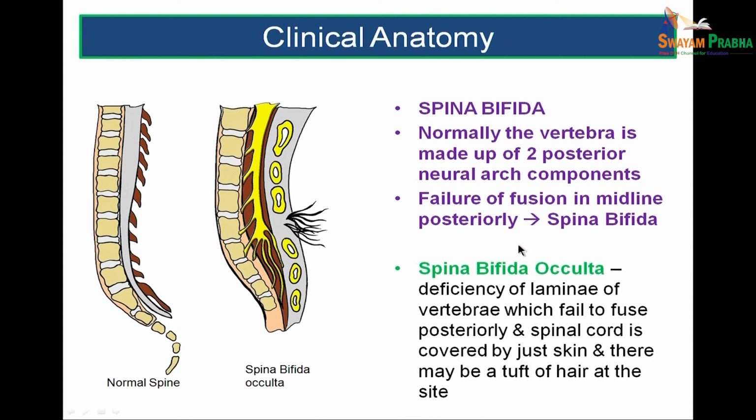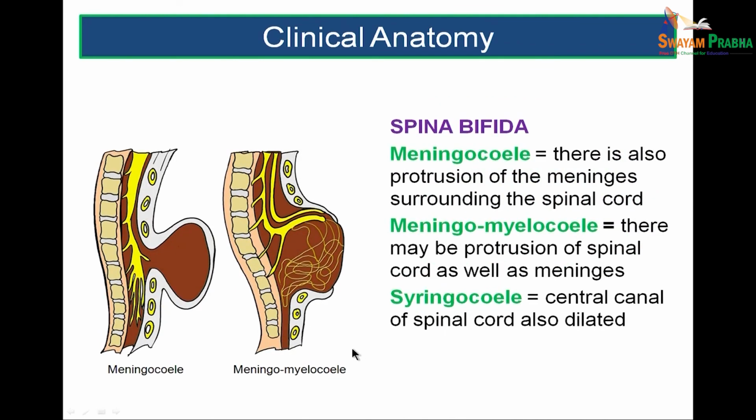Spina bifida occulta, we can see here, is clinically characterized by a tuft of hair at the base of the spine. The laminae fail to fuse posteriorly and the spinal cord is covered just by skin and there is a tuft of hair at that site. The next type is called the meningocele.